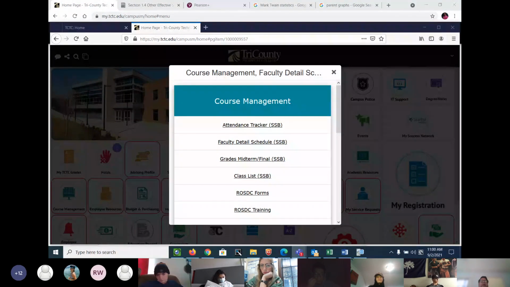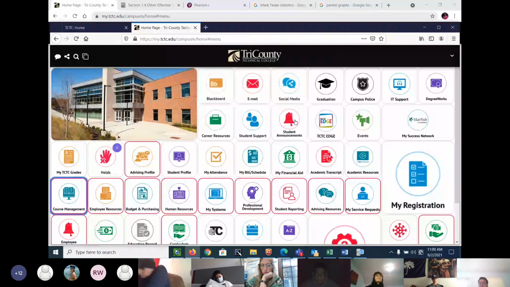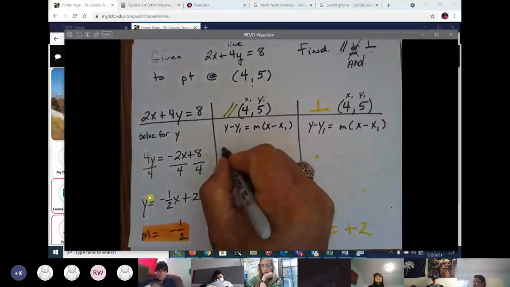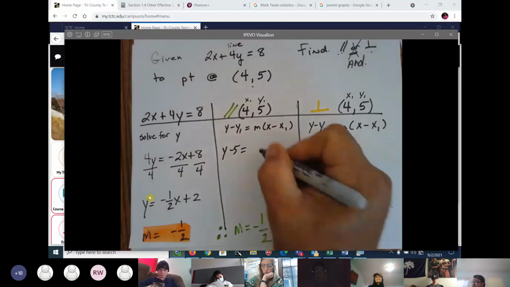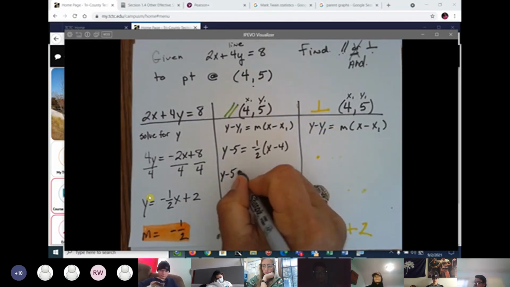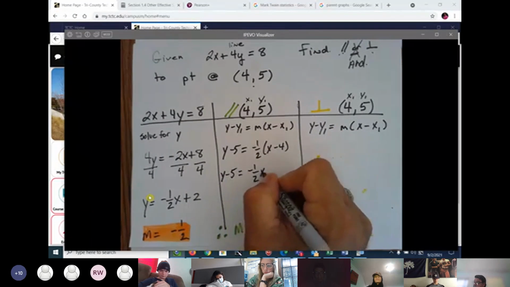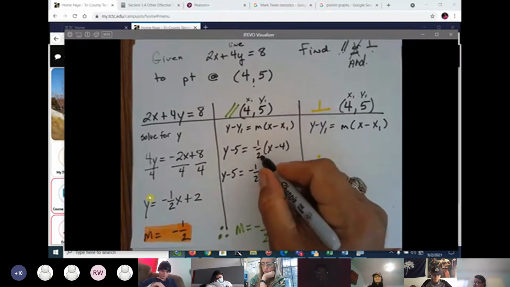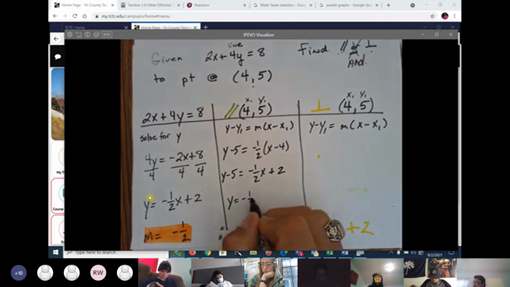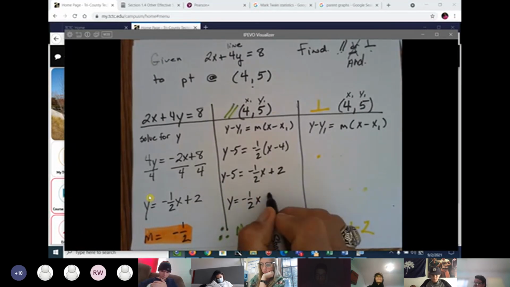Okay, time's up. We'll have to do this later, but I'll do it real quick. So y minus 5 is equal to negative 1/2 times x minus 4. Y minus 5 is equal to negative 1/2 x plus 4 divided by 2 is 2. And then y is equal to negative 1/2 x plus 7.